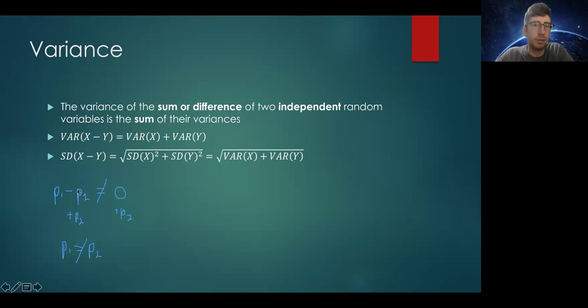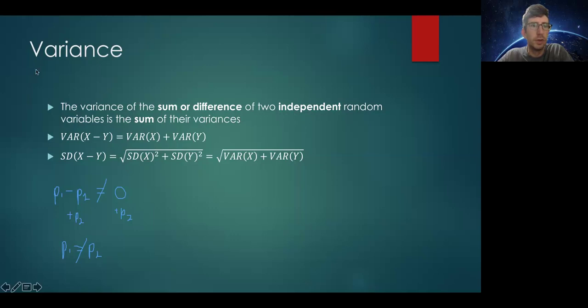Because we're going to see the difference a lot when we are comparing either proportions or means, right? So there's this principle that the variance of the sum or the difference of two independent random variables is the sum of their variances.